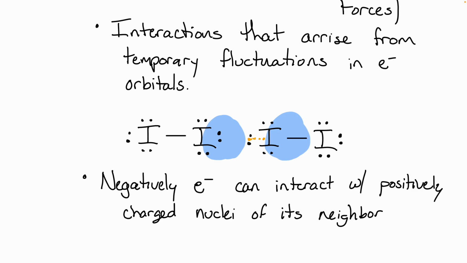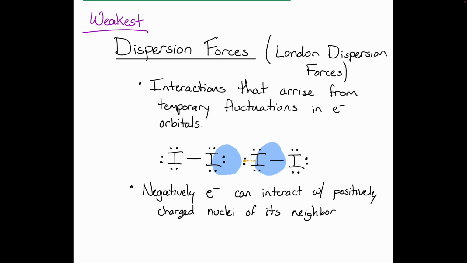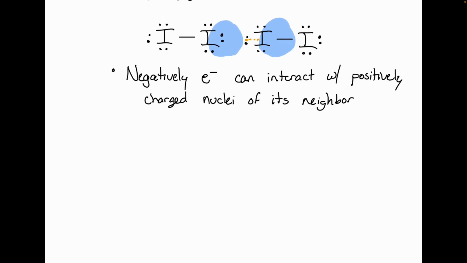Cool. So because that's quite rare and doesn't last forever, these are going to be really, really weak forces. We started out with the weakest of all of them, these dispersion forces.